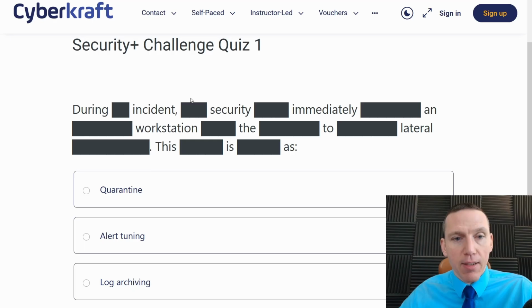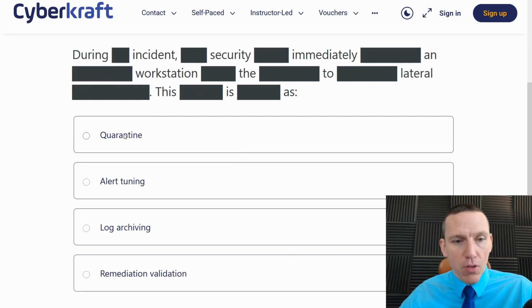During an incident, the security team immediately isolates an infected workstation from the network to halt something lateral movement, to prevent lateral movement. This technique is known as quarantine. That's my guess. I think that's pretty good.